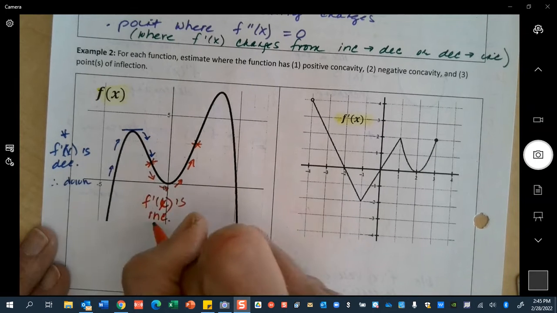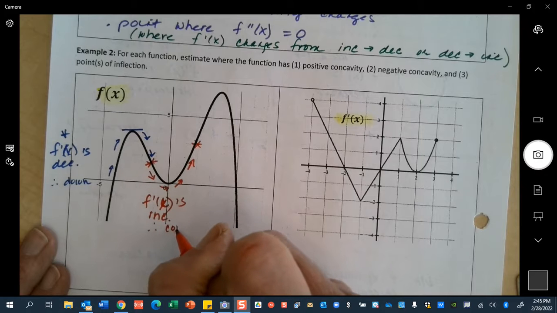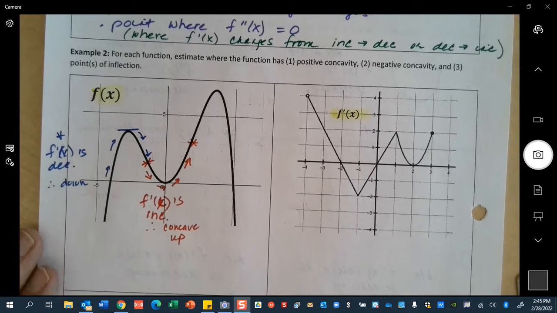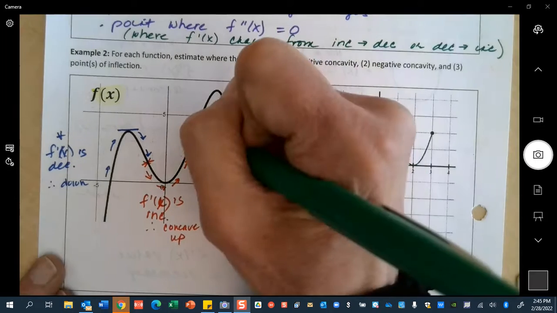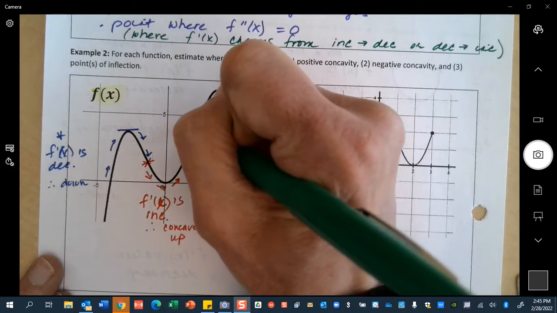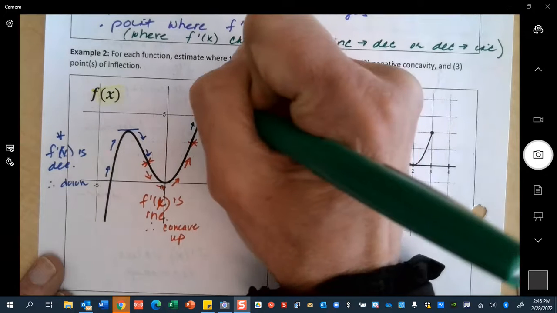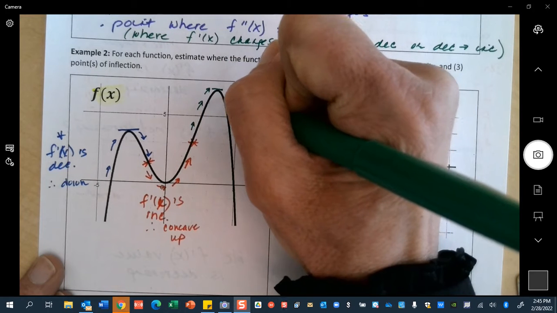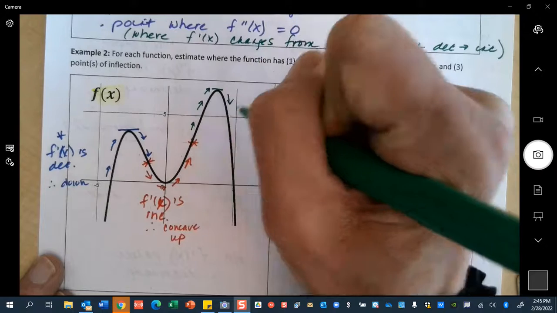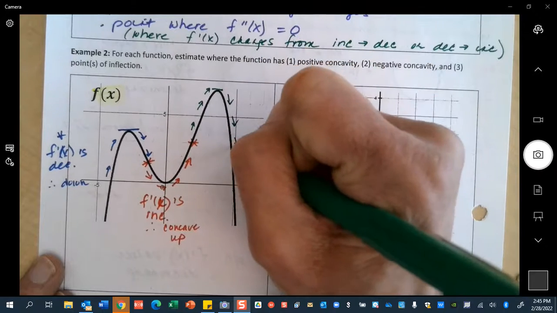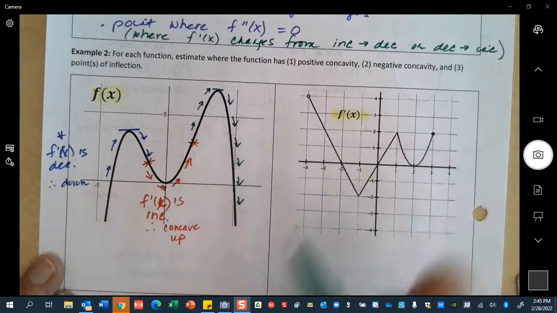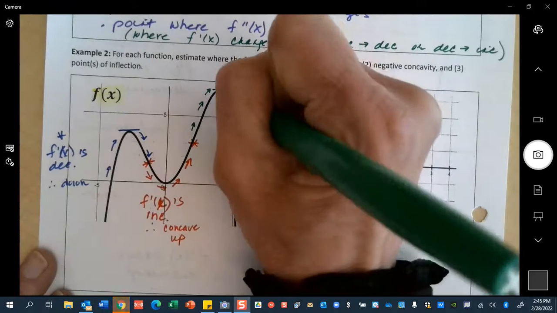Here is where I'm concave up. Now I'm pretty steep, but I'm flattening out to 0, and I'm going down, and I'm going down. Am I ever turning around?